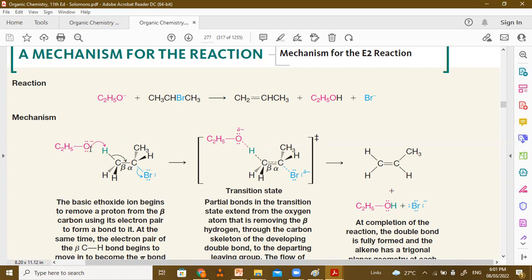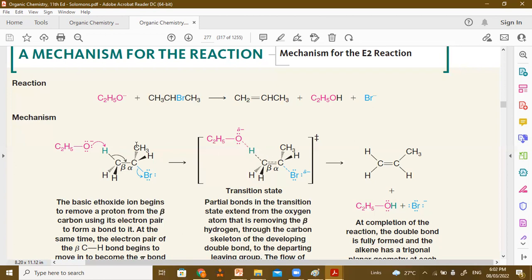Because when the base forms a bond with hydrogen, the hydrogen leaves its electrons, it will give them to carbon, and carbon will form a bond with its adjacent carbon here. So this is your transition state. I hope it can be heard here.